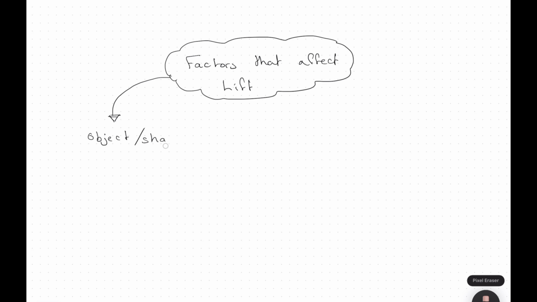For instance, an airfoil would generate more lift in comparison to a square or rectangle. Next, we have the motion. And finally, we have the fluid in which the body is moving. An example of that would be air.